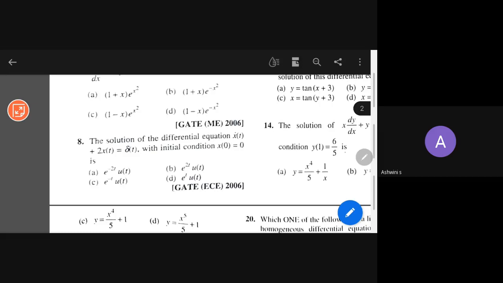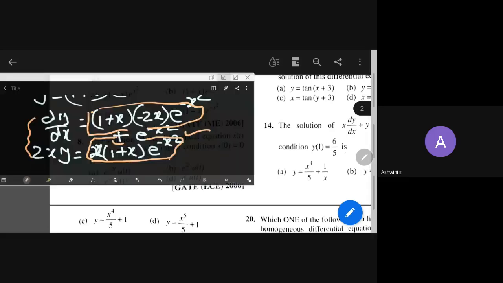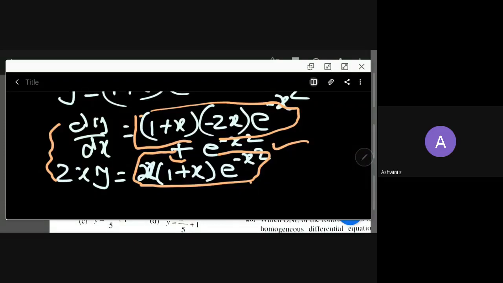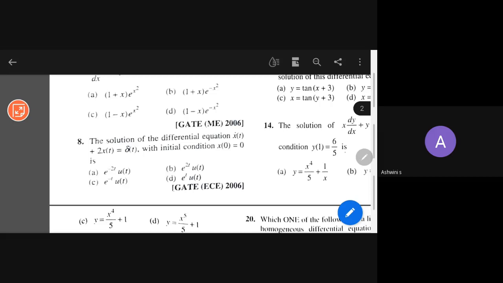Yeah, right. So for this one, I think this is x dot plus 2xt. Okay, right. Good. X dot plus 2x, okay, 2xt means 2x is equal to u of t.